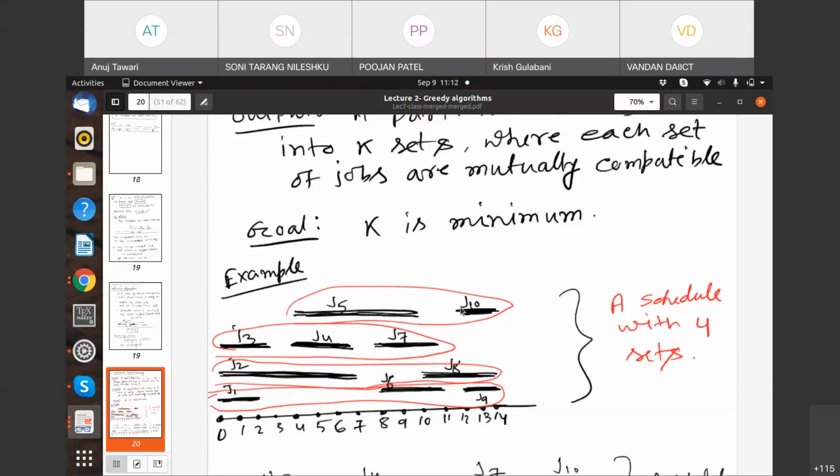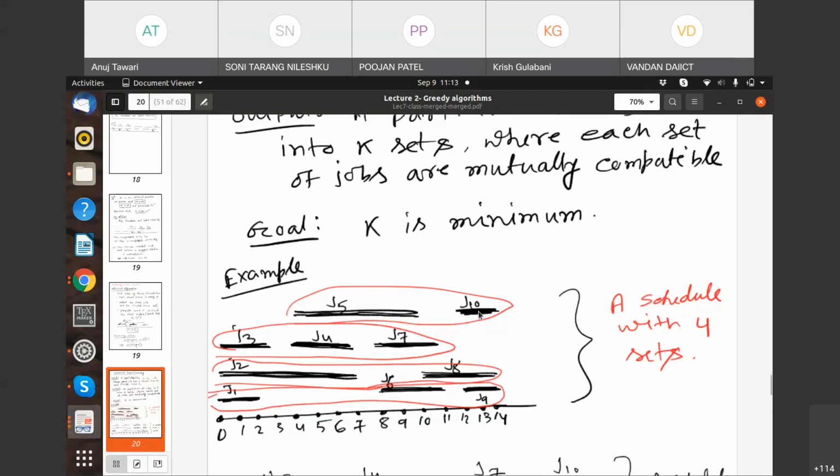So what do you think? Is this the best you can do? But these sets are not mutually compatible. J5 is overlapping with J4. Yeah. So that is fine. But inside this set, I want, so you can think of it this way. I want to schedule lectures in certain classrooms. Okay.